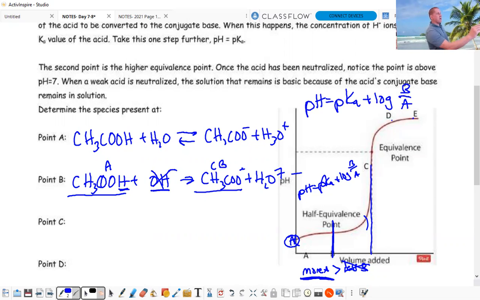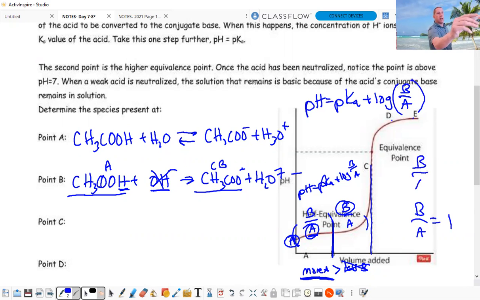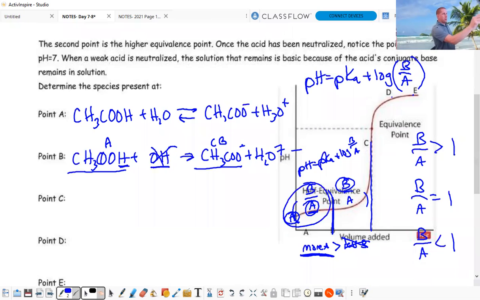So in the beginning, all along here, you have more of the acid than you do its conjugate. On the other side of the half equivalence point, now you have more of the base than you do the acid. So in other words, the ratio in here, base over acid, is either equal to 1, it's greater than 1, or it's less than 1. Well, here it would be less than 1.